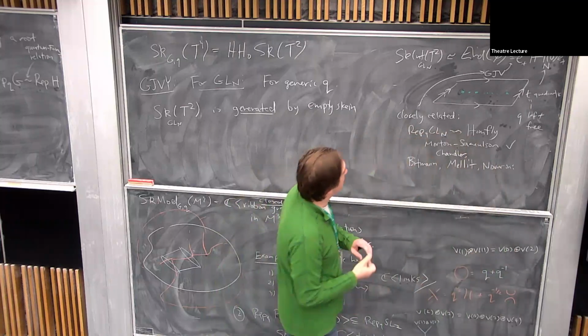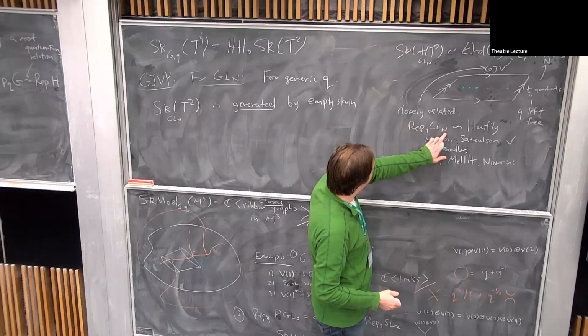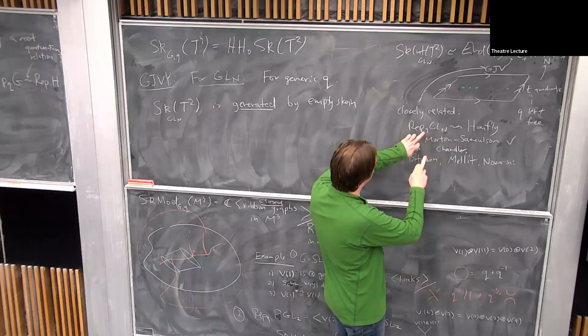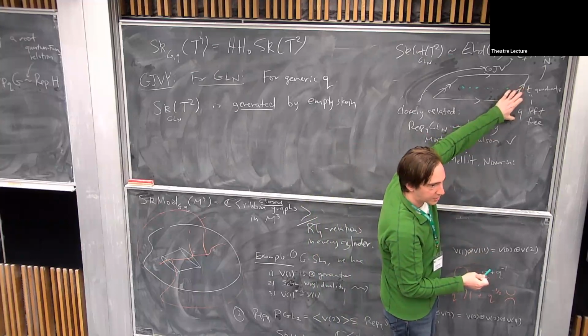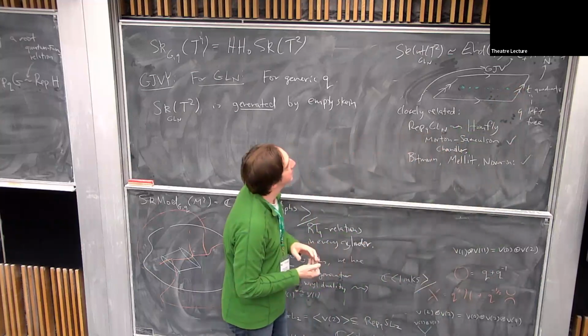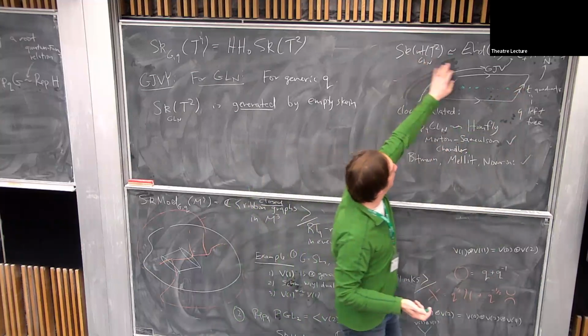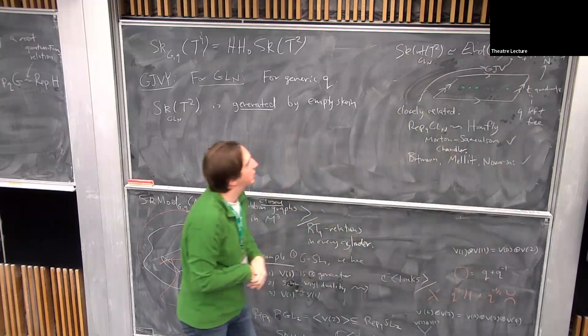So these folks showed a similar result: you again work with finite n, but you make an assumption that rules out our special case. So this is a well understood picture, that endomorphisms of this is the spherical Hecke algebra.